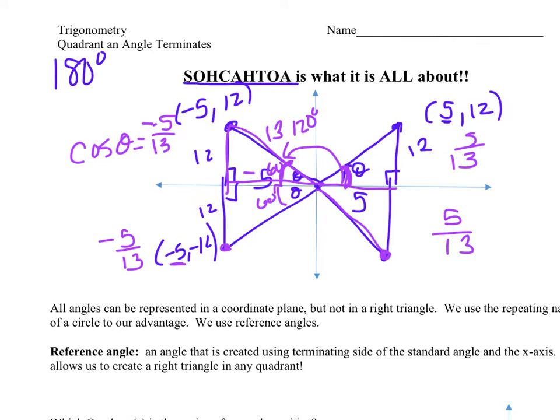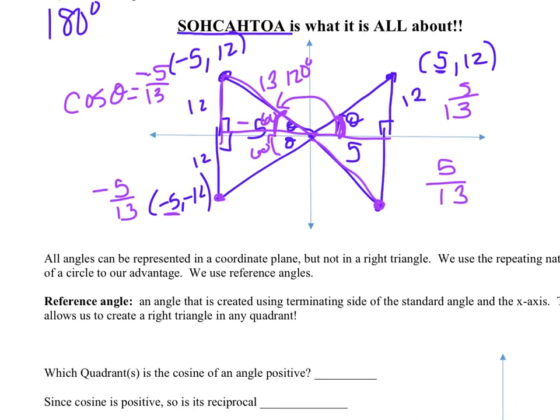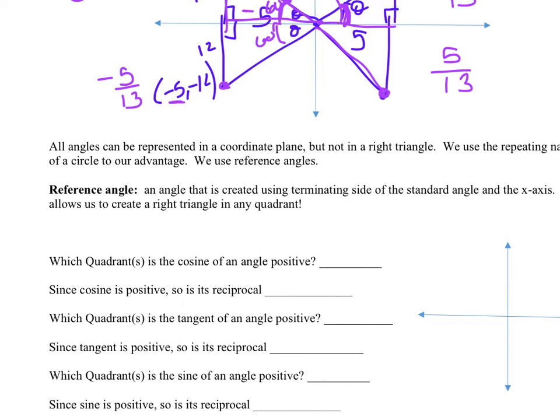Okay, so what you'll see here is each of those angles have the same trig ratio, so 5 over 13 for the cosine. But because of the quadrant that they're in, they have a different sign. And that is the beauty of doing things on this coordinate plane. These angles that are formed with the x-axis are called reference angles.